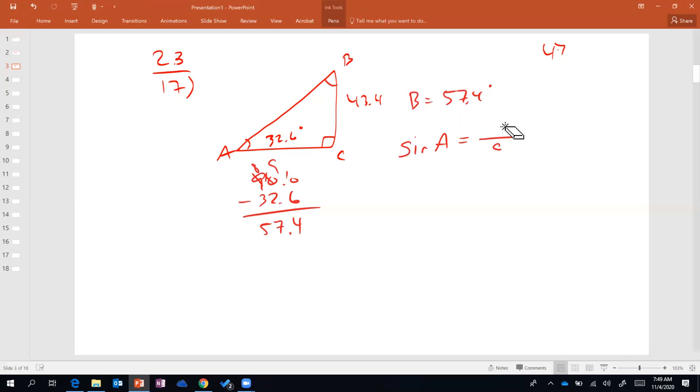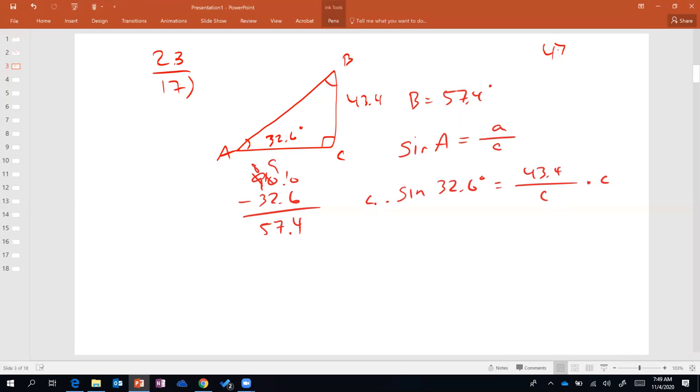So actually, let me give you the formula first. So this would be little a over little c. Let me put in the angle measurements, 32.6, 43.3, 32.6, sorry. Okay, so then the answer would be 8.4? I don't know. I'm going to get there in just a second here. Let's multiply both sides by c.